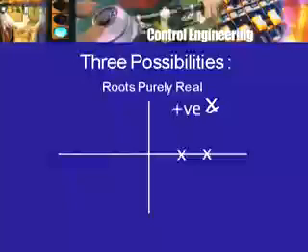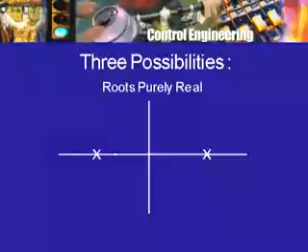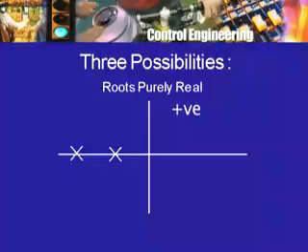So the roots, if they are real, cannot both be positive. Can one have one positive root and one negative root? No, because in that case the product of the two roots will be negative, whereas the product of the two roots is positive, because that is the coefficient b, which in this case is a positive number. So there remains only the third possibility, that if the roots are real, then both the roots must be in the left half plane.